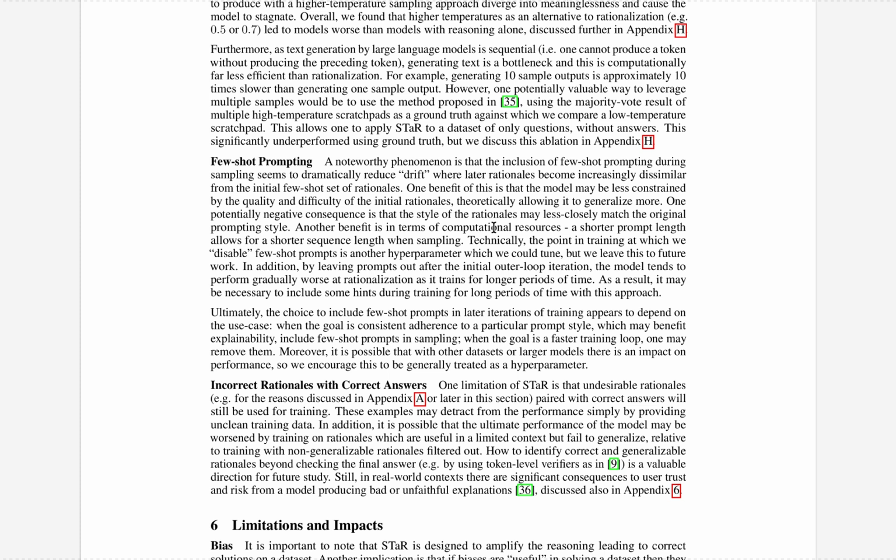When the goal is consistent adherence to the prompt style, which may benefit explainability, include few-shot prompts in sampling. When the goal is a faster training loop, one may remove them. Moreover, it is possible that with other datasets or larger models, there is an impact on performance, so we encourage this to be generally treated as a hyperparameter.